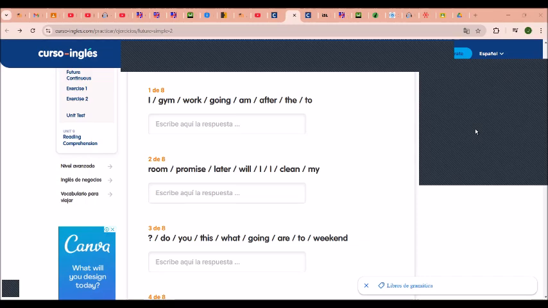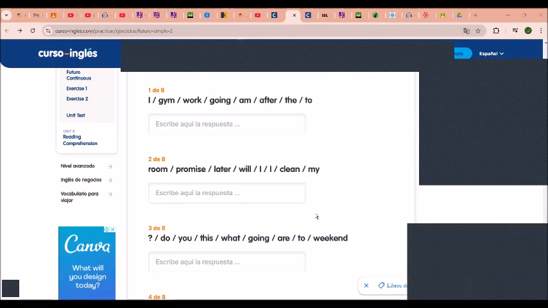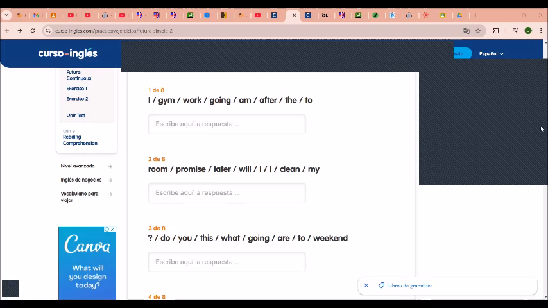No? Microphone not working? All right, something is happening with Fernanda's microphone. Let's see if we can help her. In the meantime, let's go to number 2. Ellen, go ahead.